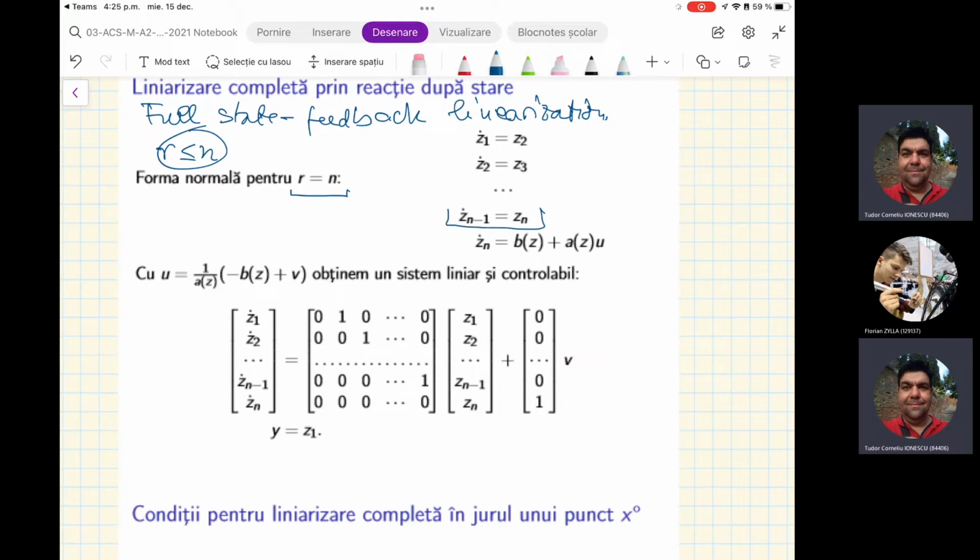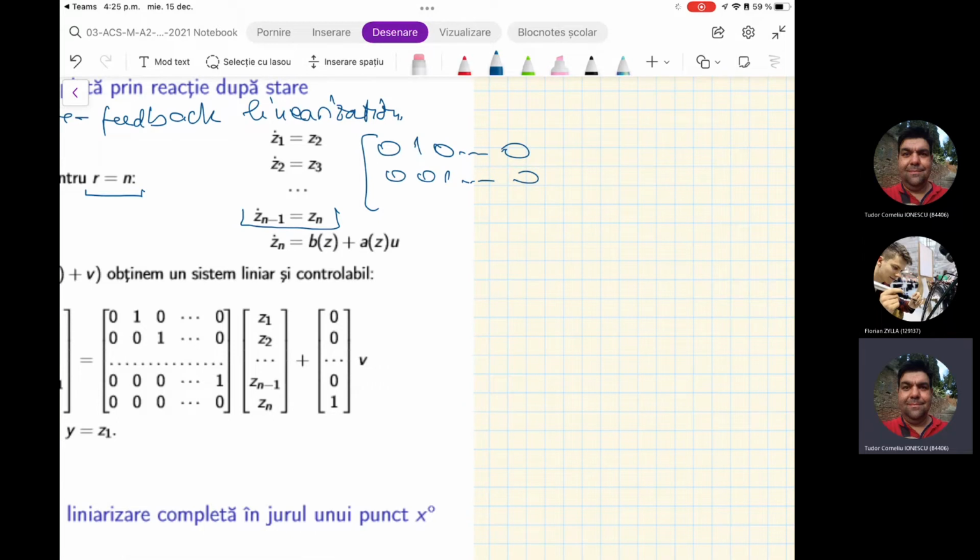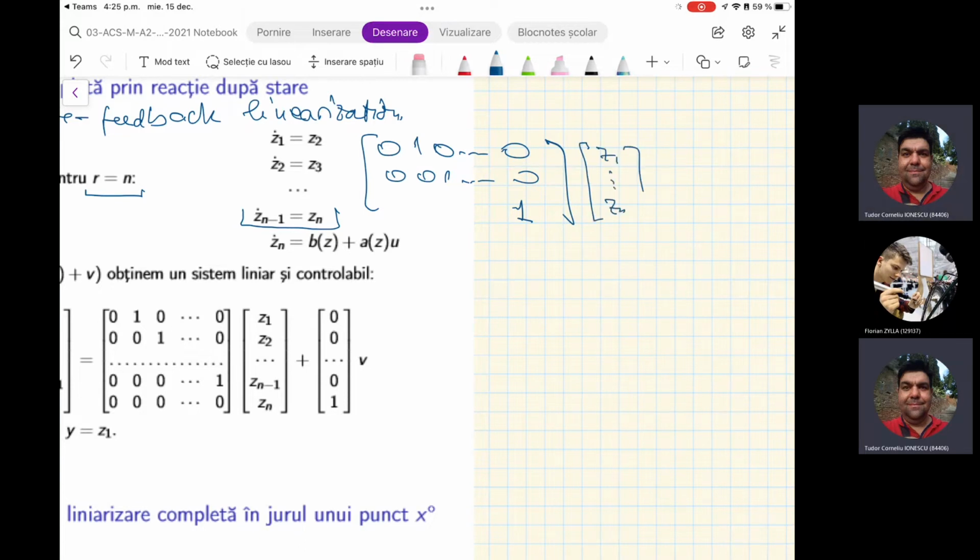all these linear equations. So essentially here you have 0, 1, 0, 0, 0, 0, 1, 0, okay? And this stops with a 1 here, okay? This matrix, you can multiply with z1 up to zn.